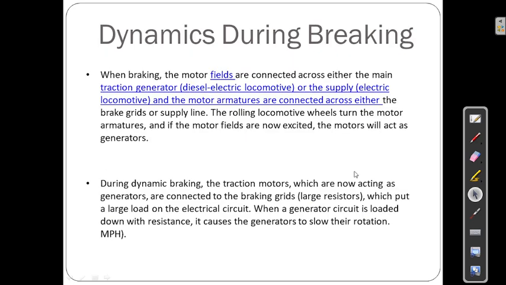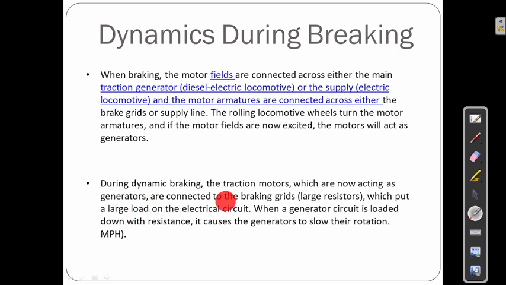When braking, the motor fields are connected across either the main traction generator, in a diesel electric locomotive, or a supply, in an electric locomotive, and the motor armatures are connected across either the brake grids or the supply line. Then the rolling locomotive wheels turn the motor armatures, and if the motor fields are now excited, the motor will act as a generator.